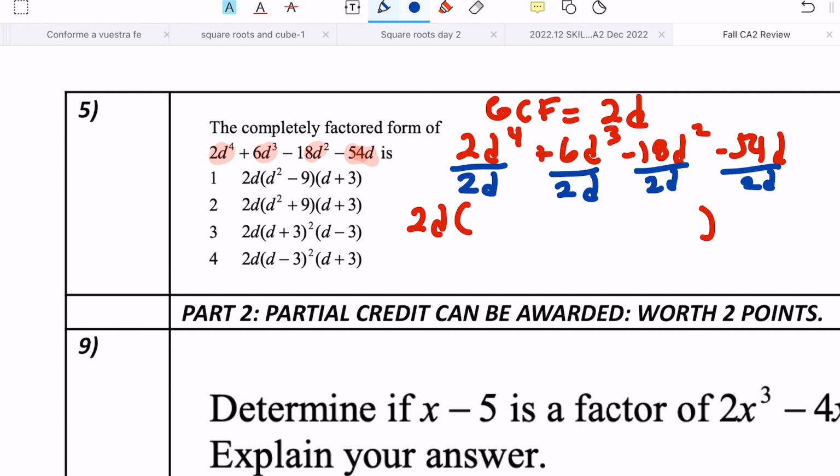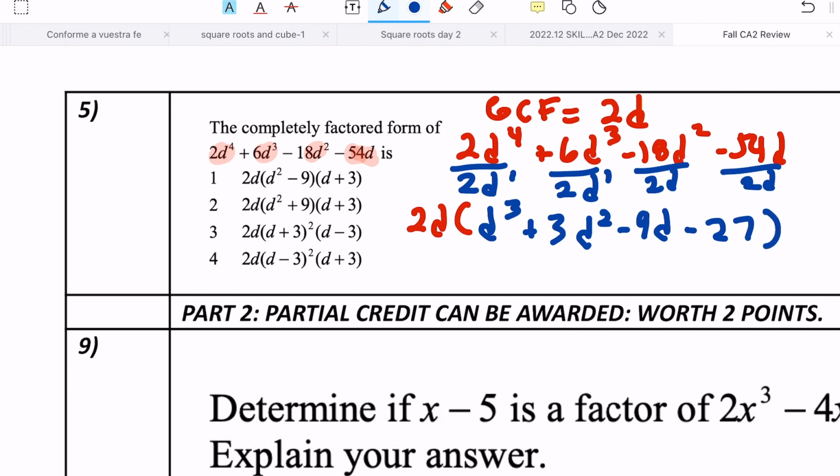If we divide everything by 2d, 2 divided by 2 is 1. d to the 4th divided by d is d cubed. Okay, we have 6 divided by 2 is positive 3. d cubed divided by d is d squared. 18 divided by 2 is 9. And d squared divided by d is d. 54 divided by 2 is negative 27, and the d's cancel out.